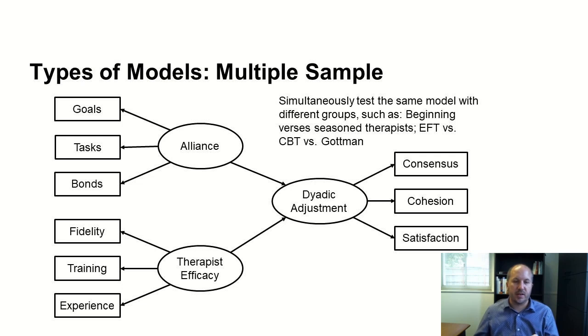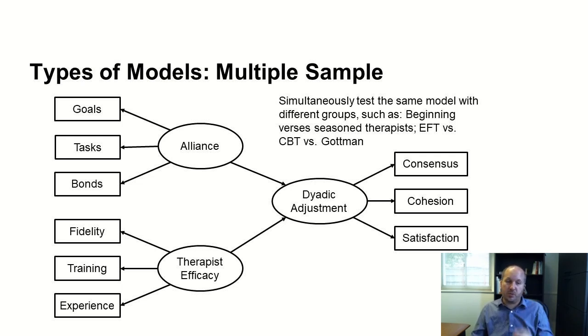Is there a difference between these? You can compare models, so look at this with EFT versus CBT versus Gottman. You can have 2, 3, 4, 5, 10 different groups, and it'll run this model simultaneously, and then you'll also be able to determine which paths are significantly different between those groups.